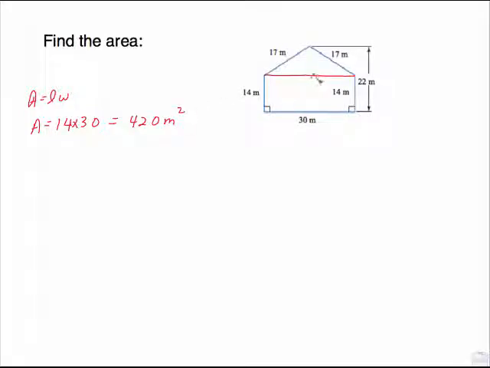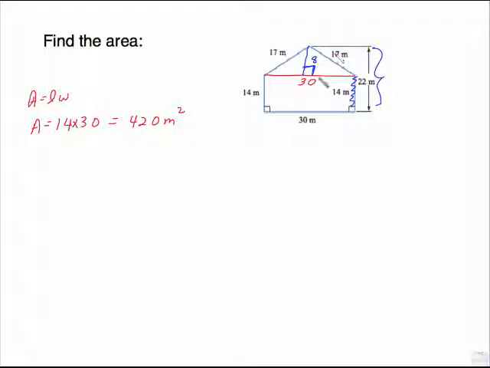But now we have to look at the top, which is a triangle. We do know this base. This base is also 30 because this is a rectangle. What we also need is the height. Any way to figure this out? The answer is yes, because they've shown us that this whole thing is 22. If that whole thing is 22 and this part is 14, what's left for this upper part is 8.